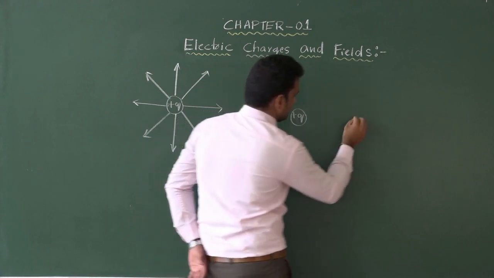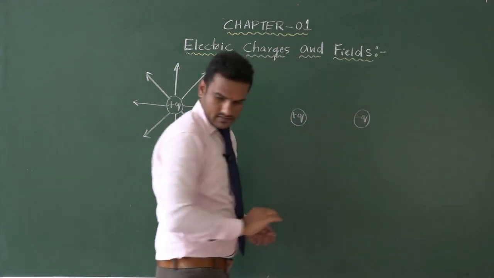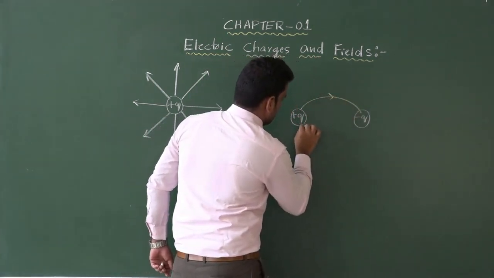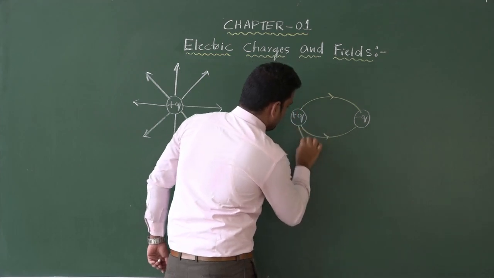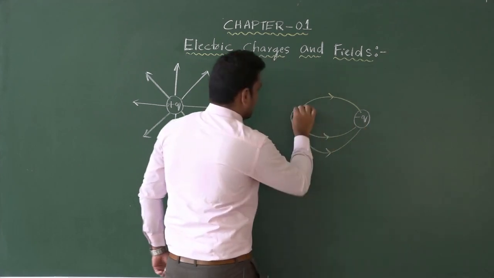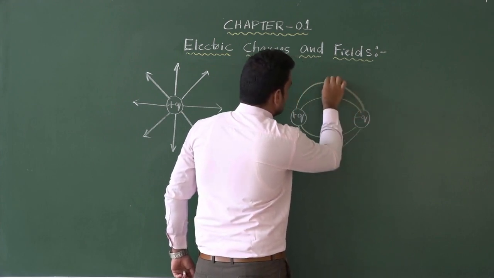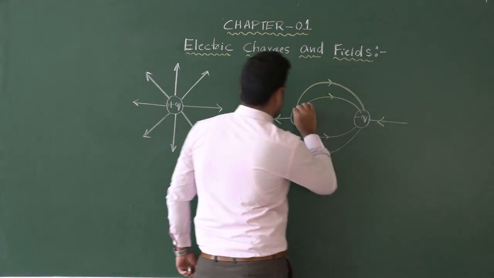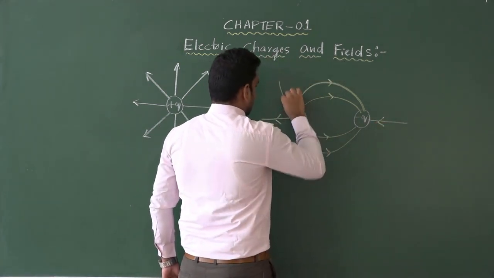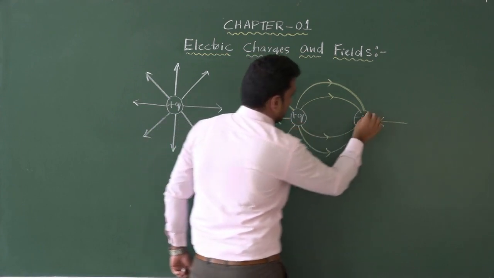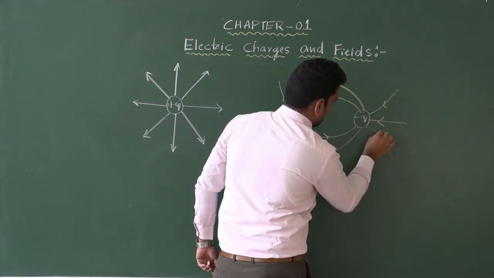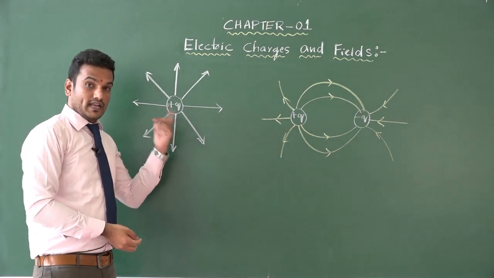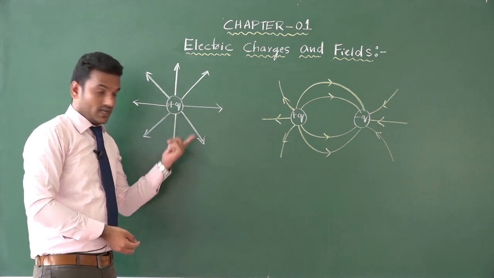Positive charge, here negative charge. So electric lines of force are straight when they represent electric field due to an isolated charge.